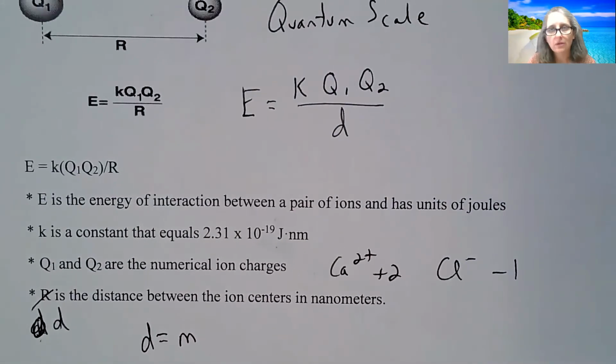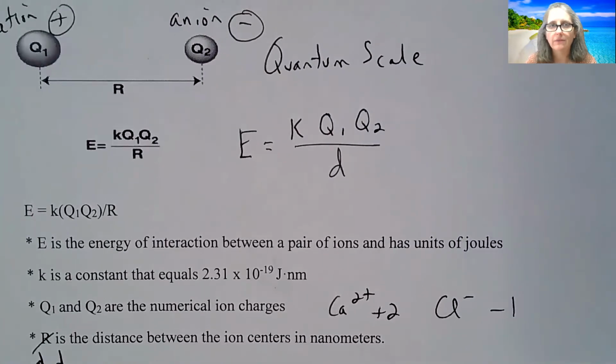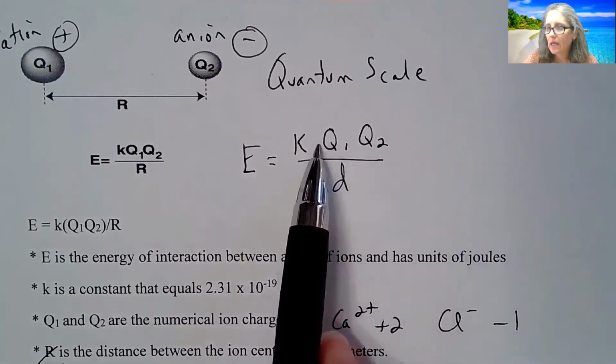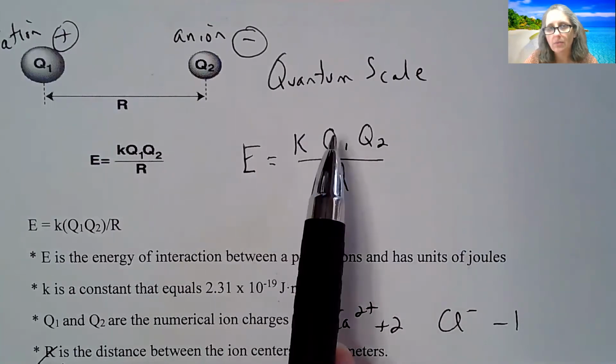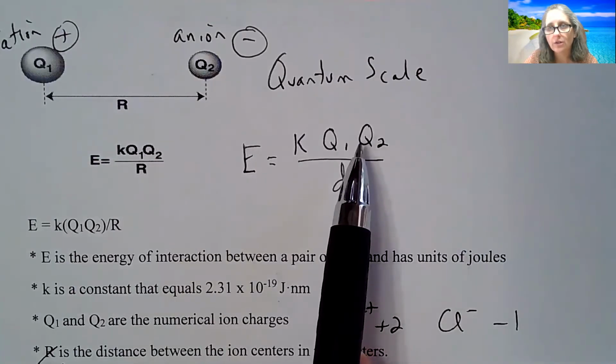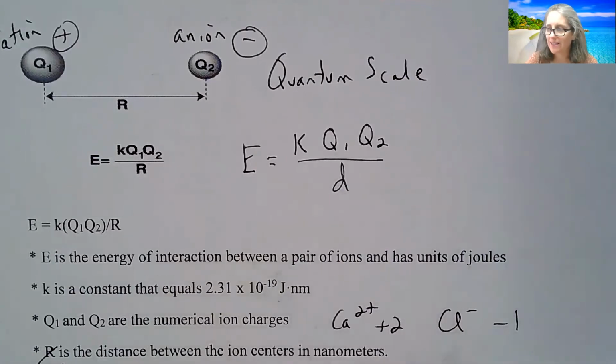It just depends upon the source that you use. Again, we are not going to focus on the math part of this, more on the concept. You're going to have a relationship between the energy stored in that bond, the charges of those ions, and the distance. So that's what we look at.